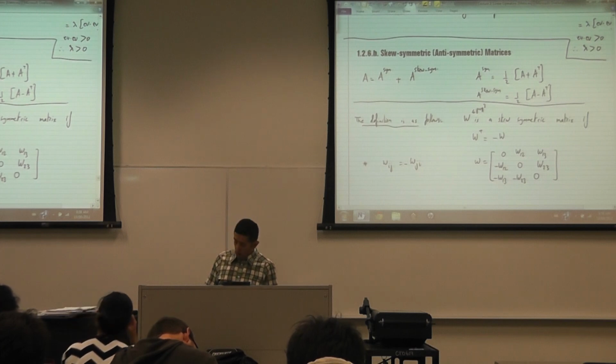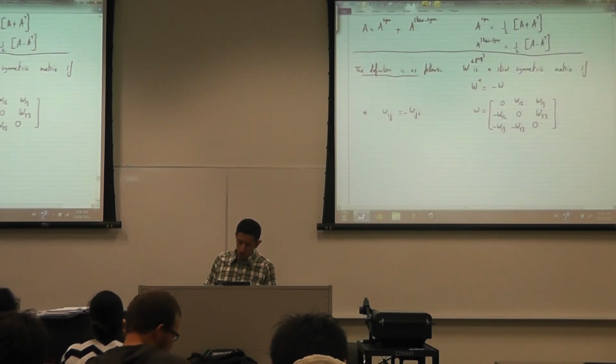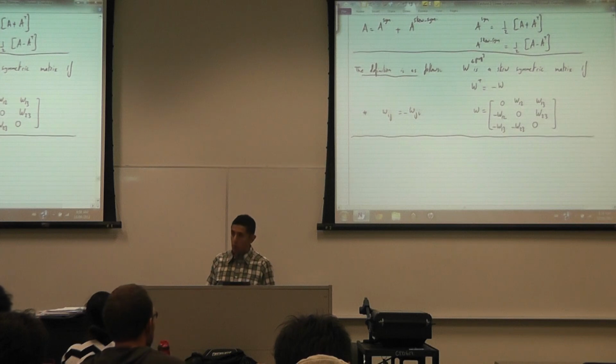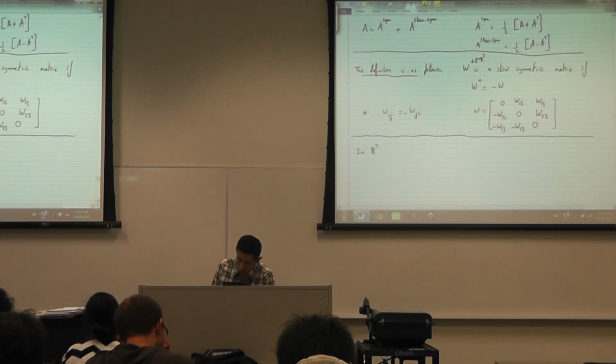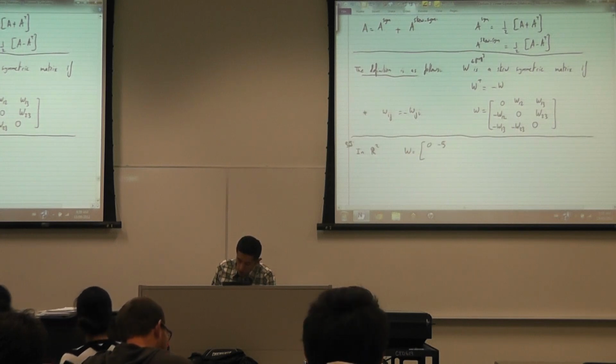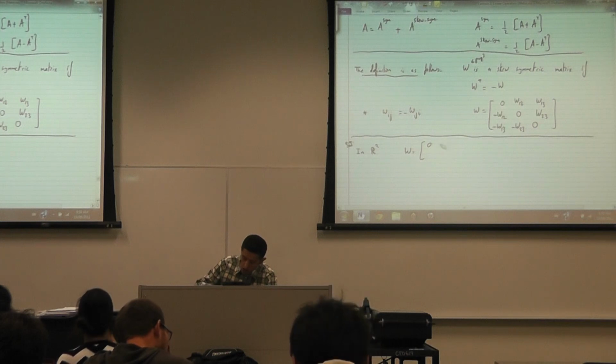Now let's look at a skew symmetric matrix in R2, just to understand what a skew symmetric matrix does. Example in R2. Let's take W equal to 0, negative 1, 1, 0. Let's just take the easiest one.